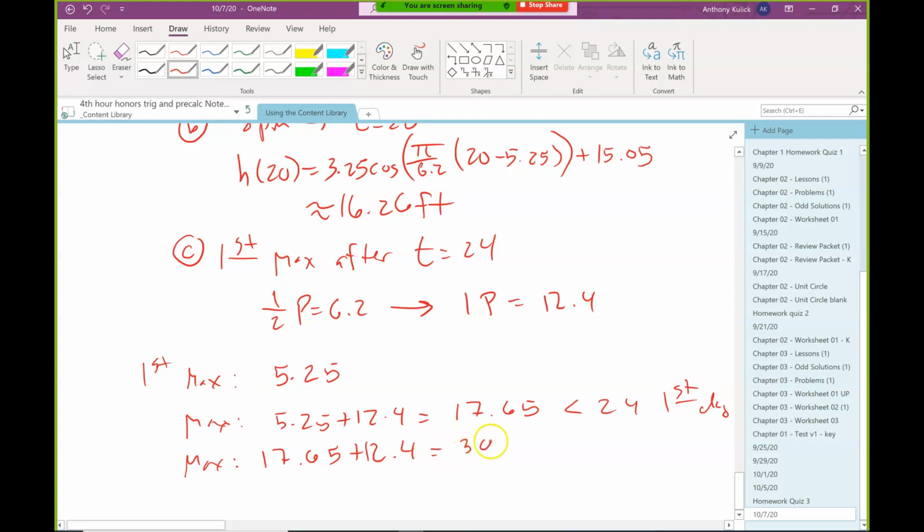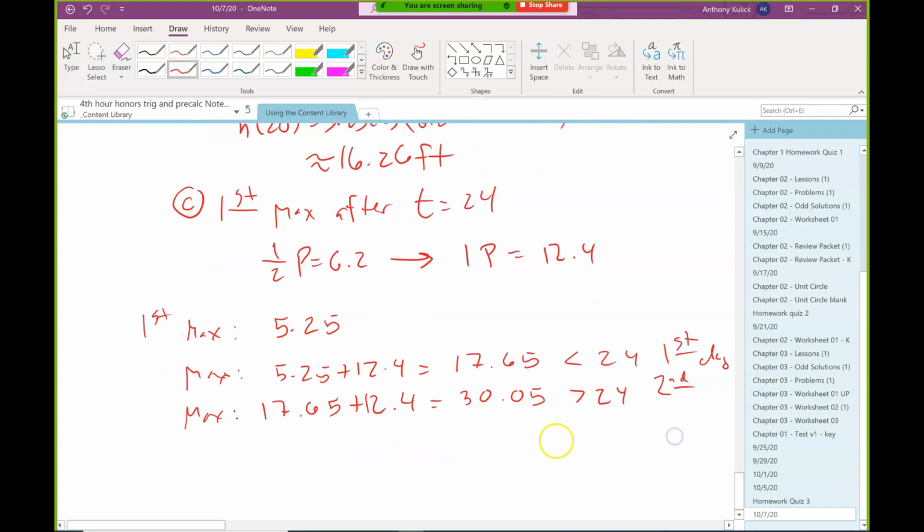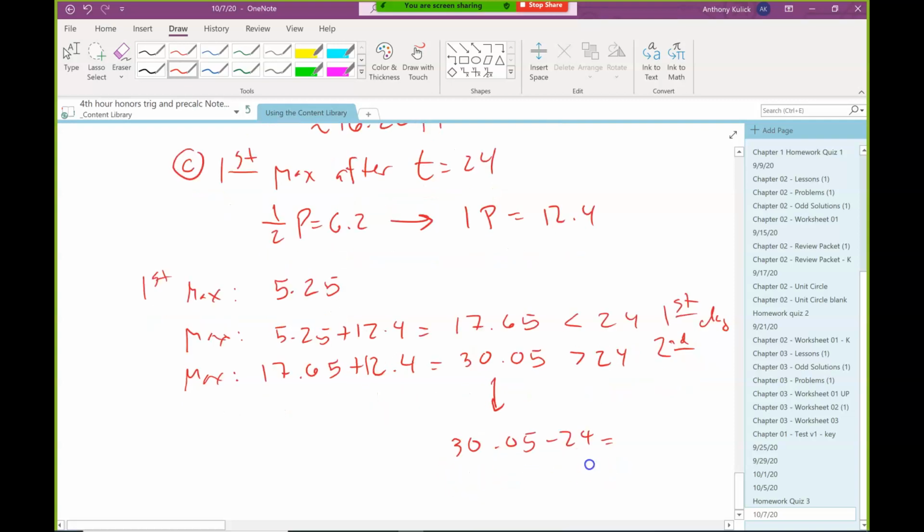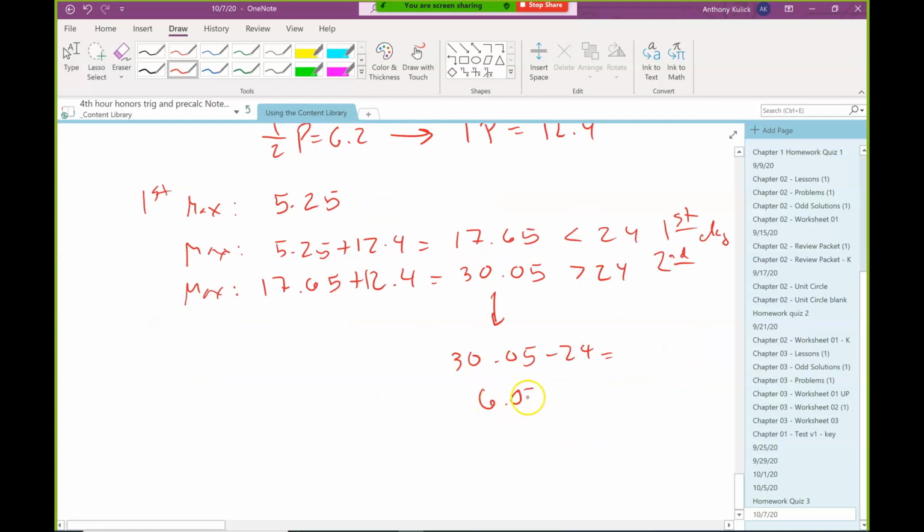So I just now need to convert this into a time. 30.05 minus 24 is 6.05. So that's 6 hours and 0.05 hours, which is about 3 minutes. So 6:03 a.m. Is that okay?